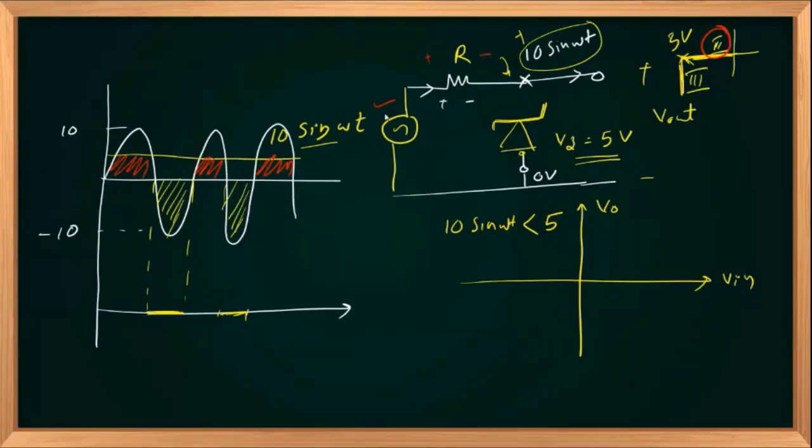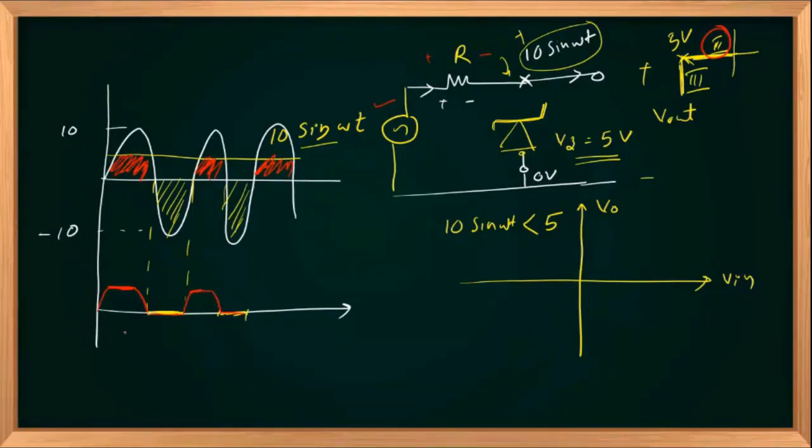V out is the same as V in in this region, so it will have the same shape. The input is rising from 0 to 5, and here it is coming down to 5, and this is at 5. This is 0 as we discussed. It is going up to 5, then comes down to 5.